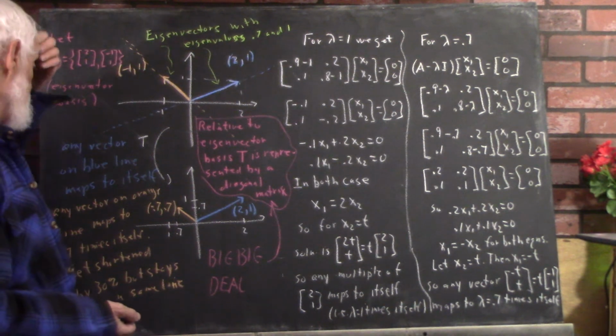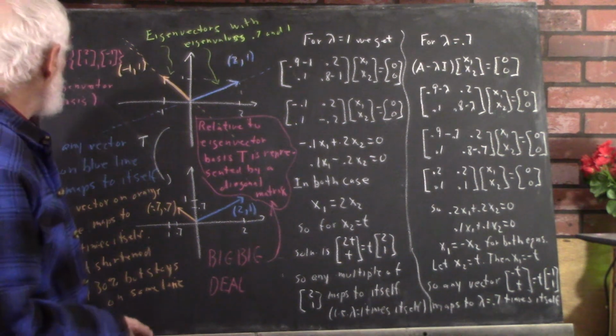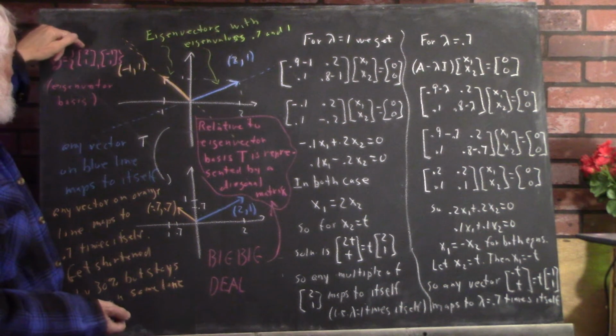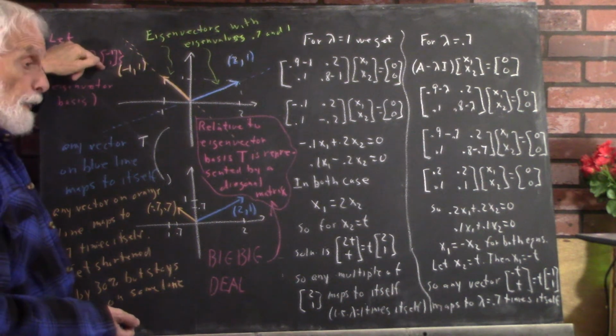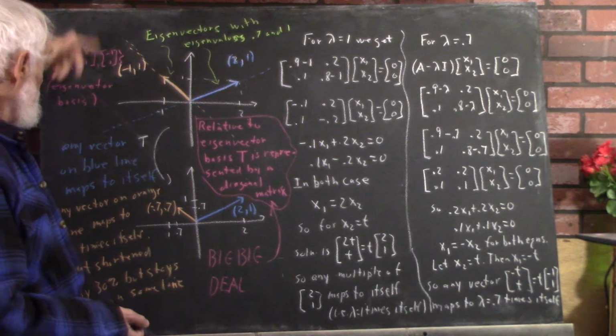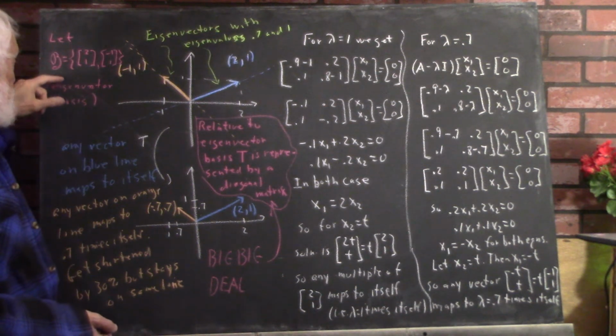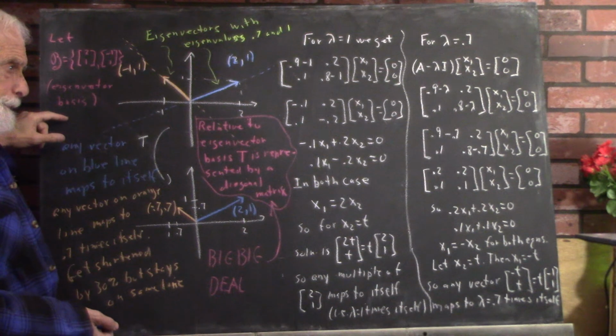Okay, now the big deal statement. If B equals the set 2, 1, negative 1, 1, well, that's a basis for R2. Not just a basis, it's a basis of eigenvectors.